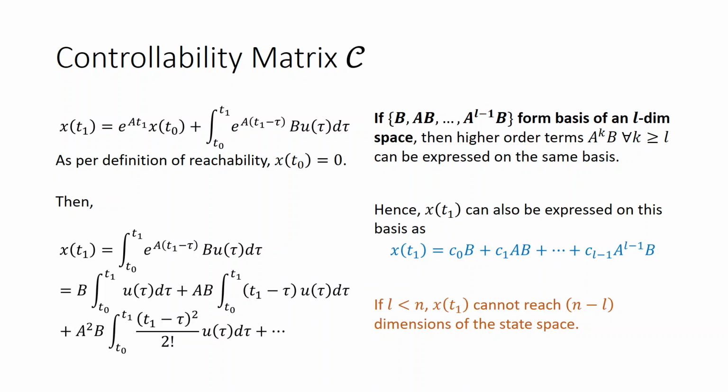So let us go through this. We want to see whether the reachability is there for the system. As per the reachability definition, we can assume x(t0) to be 0. We are starting from our state equation, remember the state equation, at a particular time t1, where we want to evaluate the state.